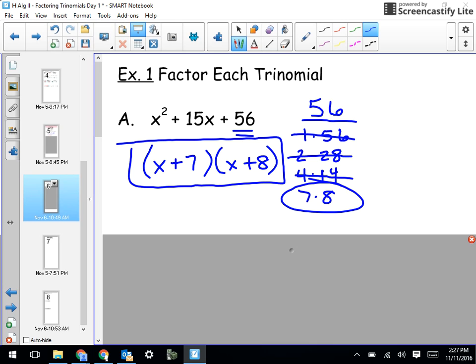There's my answer. FOIL to check your answer. Firsts, outer, inner, last. Put it together: x squared plus 15x plus 56. I know I got the right answer because it matches what I started.